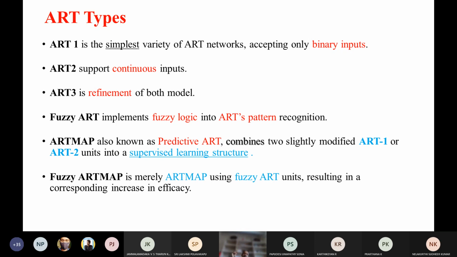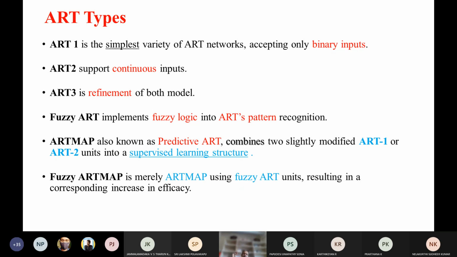Then the next one, fuzzy ART. Fuzzy ART implements fuzzy logic into ART's pattern recognition. So what is the ultimate objective of this ART architecture? It is trying to recognize a pattern and push that pattern to the corresponding cluster: cluster 1, cluster 2 or cluster 3, or group 1, group 2 or group 3. That is the fuzzy ART network.